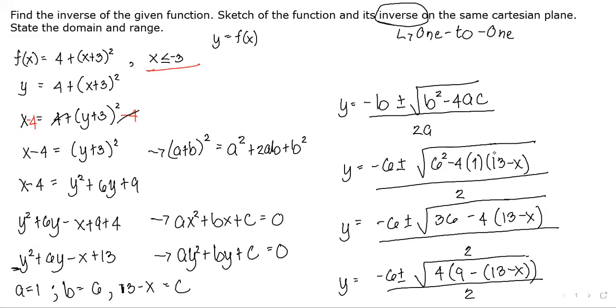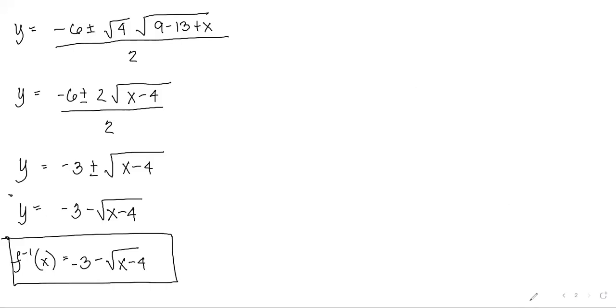Yung domain ng original is, of course, since quadratic to, all real numbers sana, kaso may restriction. Diba? So, ito na yung domain niya. Ganito na lang, domain, tas original inverse. Ganun ko na lang siya isusulat. Kasi may relationship yan sila eh.